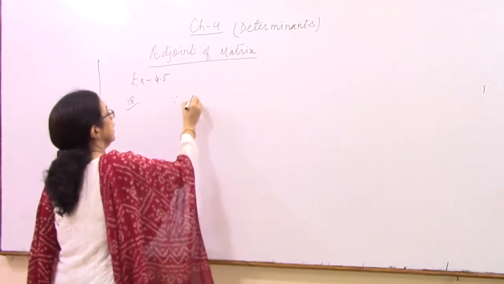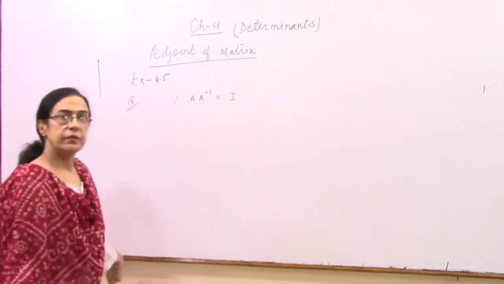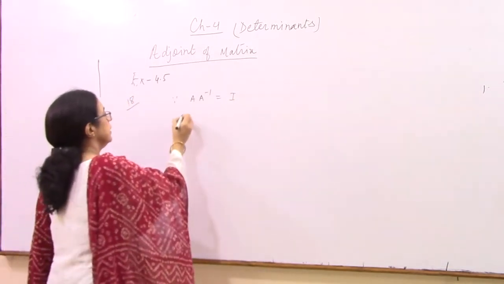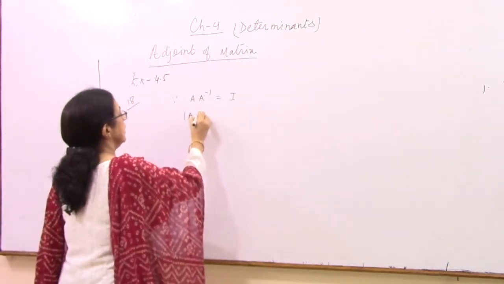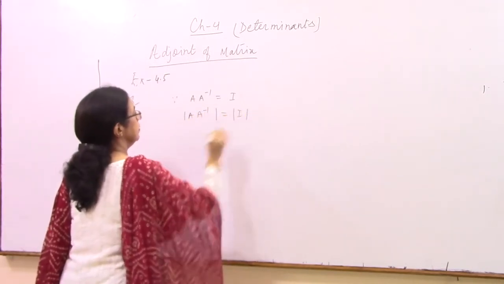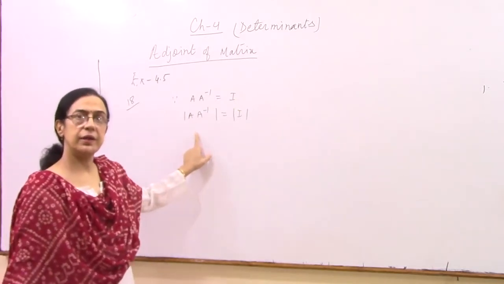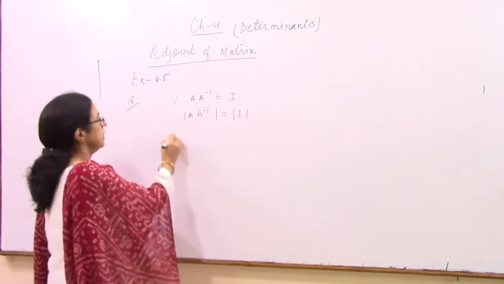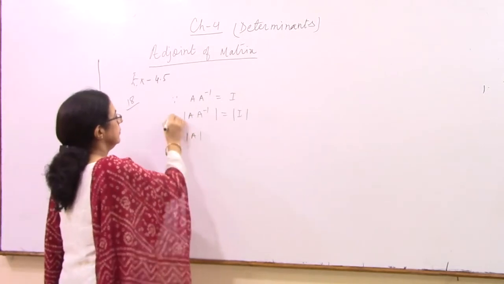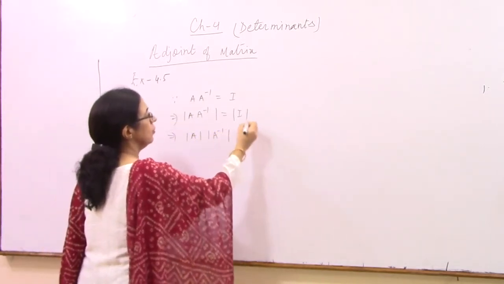Since A inverse equal to I, taking determinant on both sides, determinant A inverse equal to determinant I. Since determinant AB equals determinant A times determinant B, determinant A A inverse equal to 1.